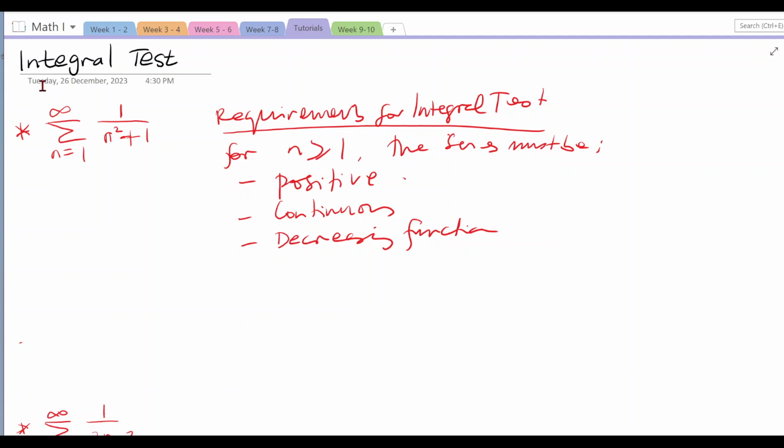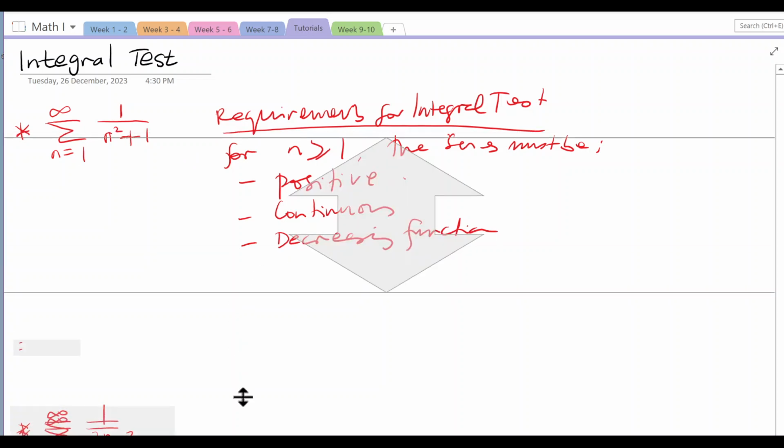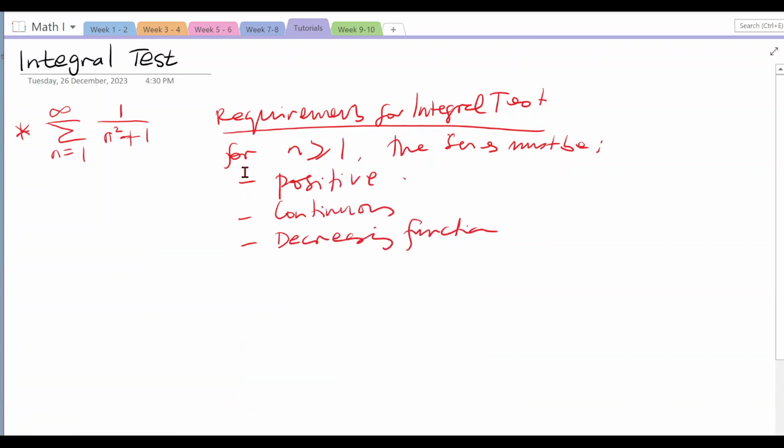I don't know if you can plot this function, 1 over x squared plus 1. Otherwise, you just have to check all of these requirements one by one. So for n greater than or equal to 1, let's say we put 1, then it's positive. The same thing, it is continuous for all n greater than or equal to 1, and whether it is decreasing or not, we must check by taking the derivative of that function.